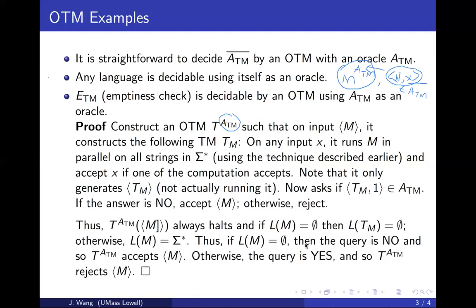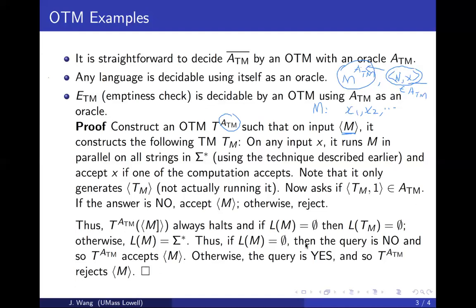We construct the following Turing machine T sub M. On any input X, it runs M in parallel on all strings in sigma star, which means that I list all the strings in lexicographical order and run M on these strings concurrently.